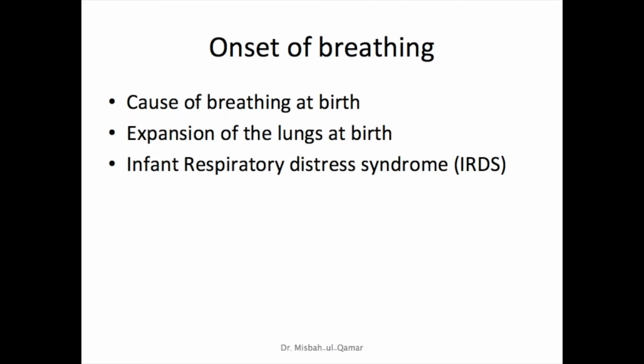So, let's see how the circulatory system and the respiratory system change at birth, and this is all interconnected. If we talk about the first breath of the child, when the fetus is delivered and the umbilical cord is cut and tied, the lungs start functioning. When the placental blood flow is cut off, there is sudden hypoxia and hypercapnia.